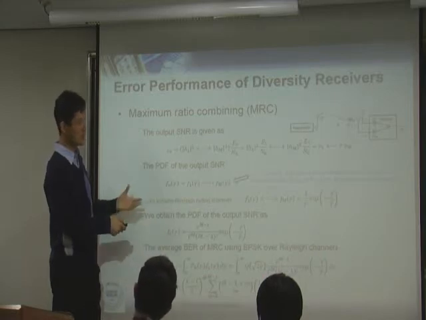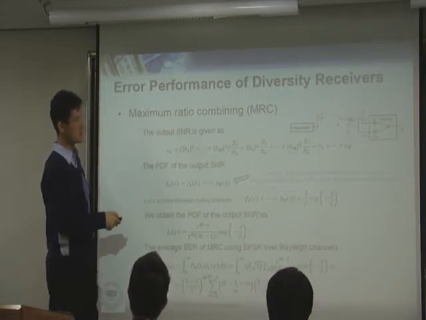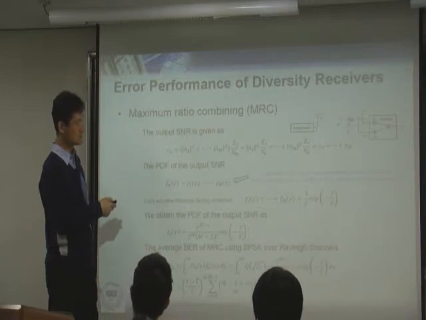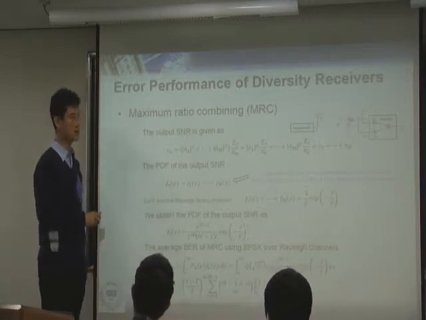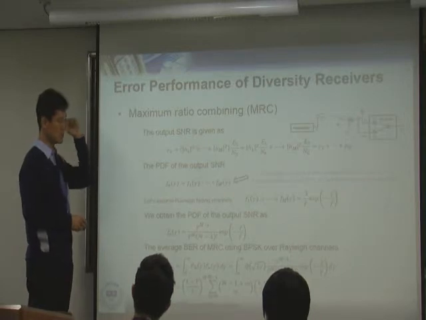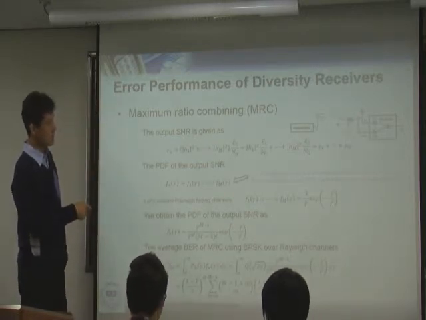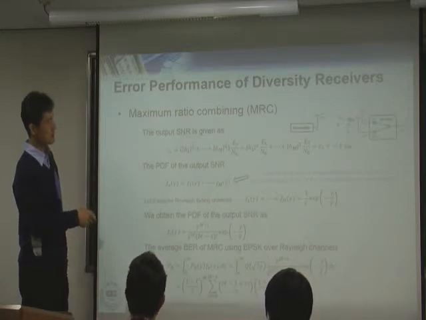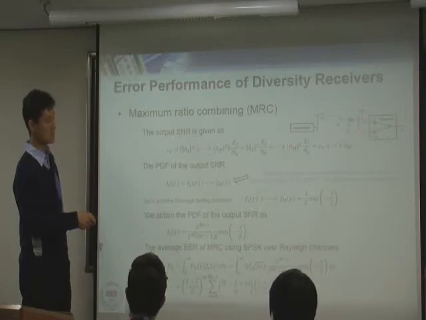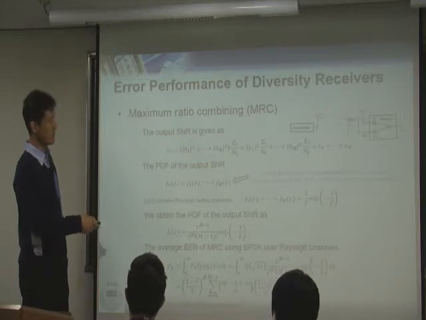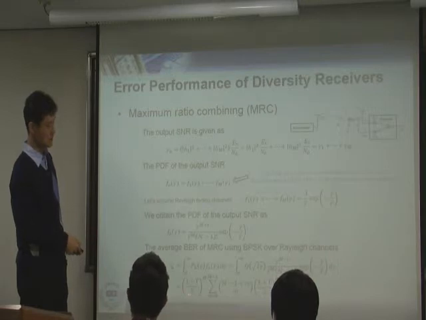If we have time, maybe later we can talk about that when we talk about multiple access schemes. But what I'm saying is that it doesn't matter whether it's a multiple antenna system, a rake receiver, or any other system. In the case of MRC, you have exactly the same analysis, and that's going to be your performance, the bit error rate.